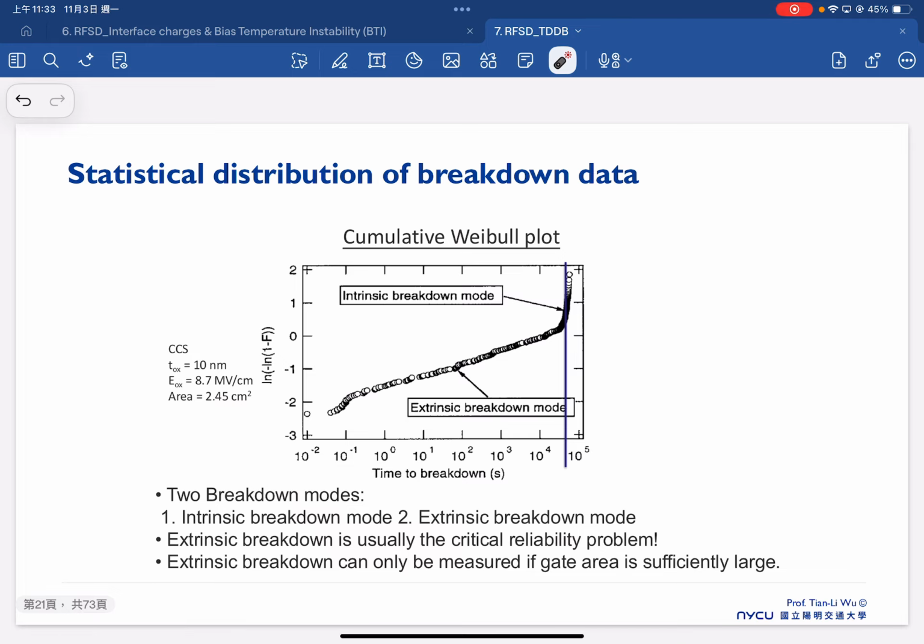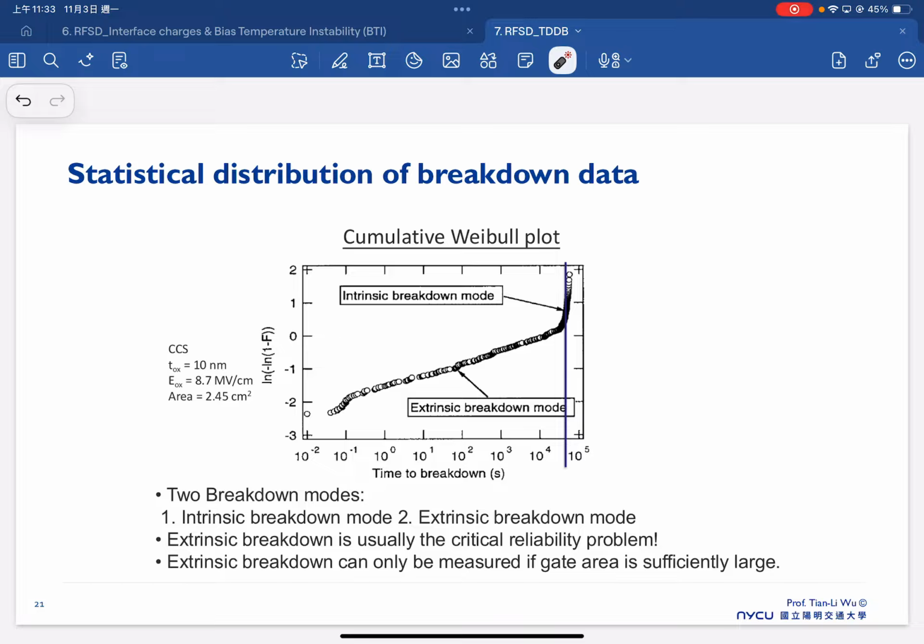So that's a real case. In the previous part, we only showed a certain part of the Weibull statistic. But if you try to incorporate every data, you have a certain part with extrinsic breakdown, and you have a certain part with intrinsic breakdown.